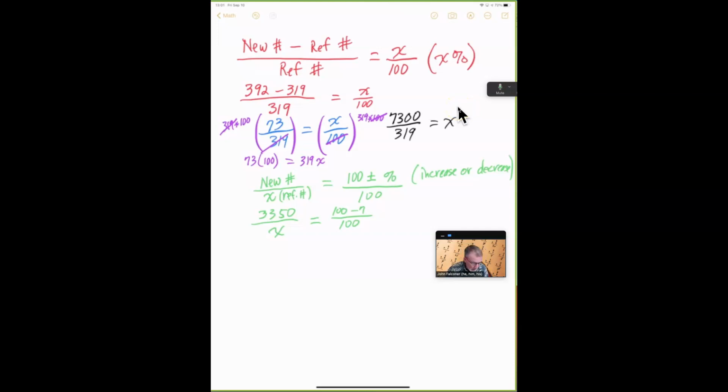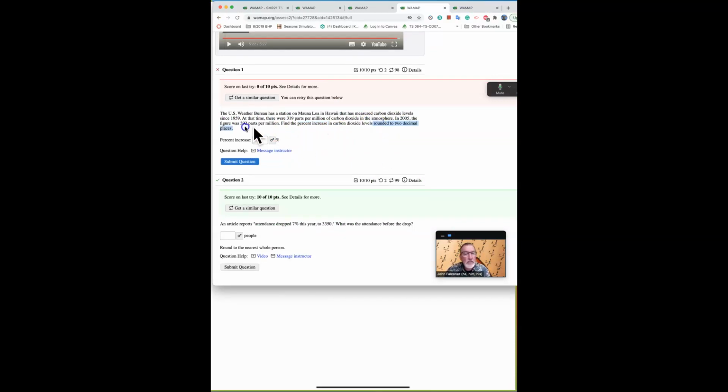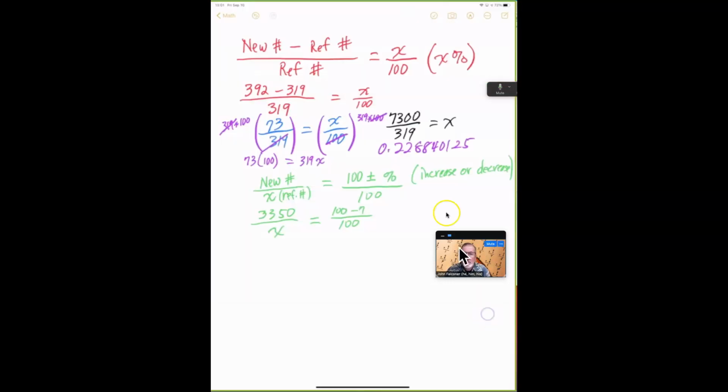And this is where I got that number before, 0.228840125. And I think we don't have to write out that much. Let's see, it said rounded to 2 decimal places. Okay, so this is our decimal, and so we're going to have to move this decimal point 2 places to the right.